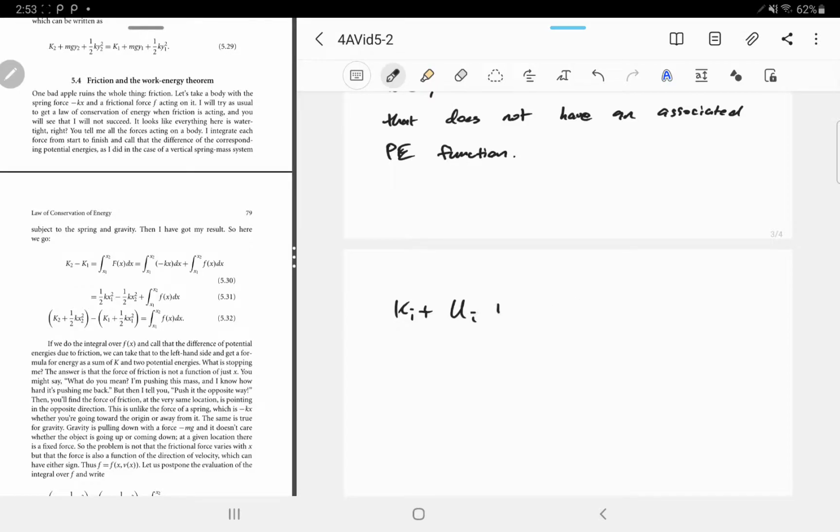So this is our initial energy, and then I'll put a blank there for now, is equal to our final kinetic energy plus our final potential energy. This blank is going to be how much energy is transferred into our system. And most of the time this is negative. So this is going to be the work done by our external forces, the net work done by external forces.